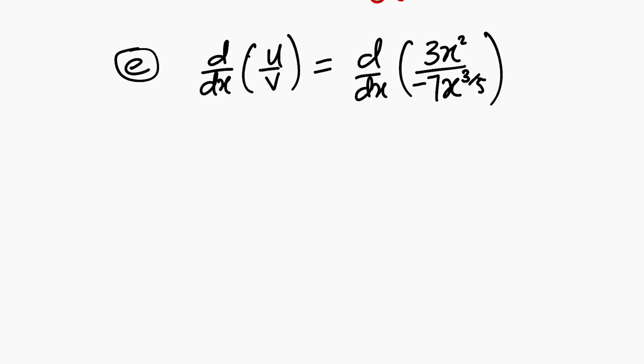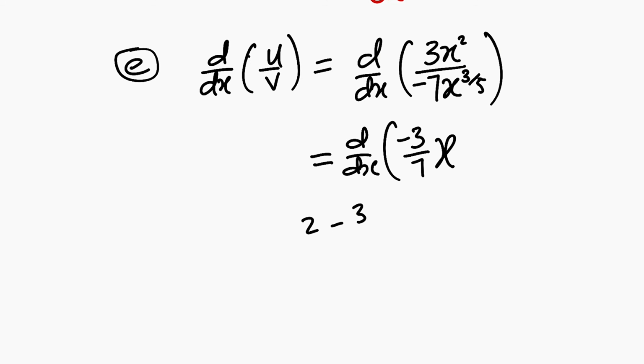We don't have to apply quotient rule here because we can use one of the laws of indices to simplify this. And this becomes d over dx of negative 3 over 7 x to the power of 2 minus 3 over 5. And this is equal to 7 over 5 because 5 multiplied by 2 is 10 and 10 minus 3 is 7 divided by 5. So this is 7 divided by 5.